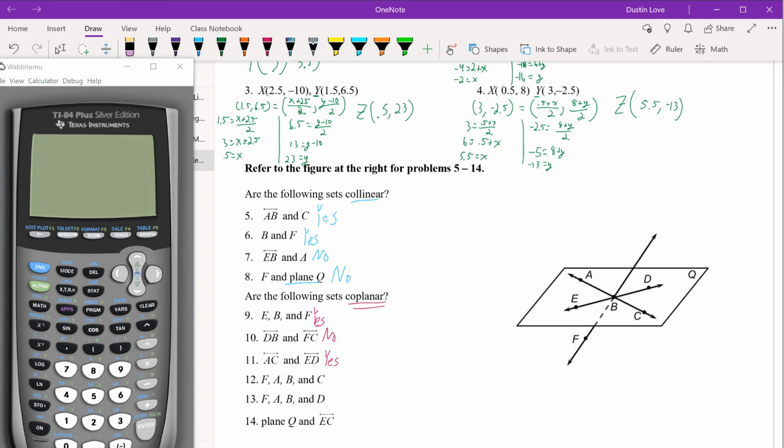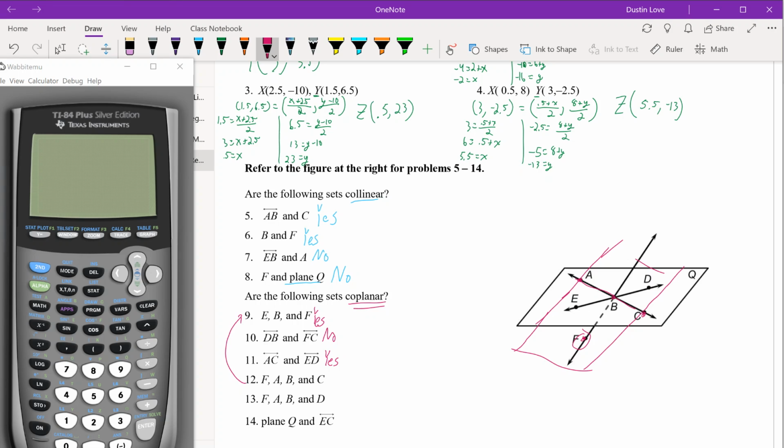All right, now points F, A, B, and C. F is down here below, and then A, B, and C all lie on plane Q. Again, we're tempted to say no because F is not on plane Q. However, for the exact same reason as number 9, I could, in theory, draw a plane that goes down through these three points and comes out, and point F is on it.